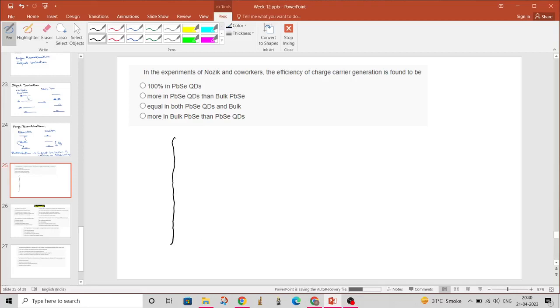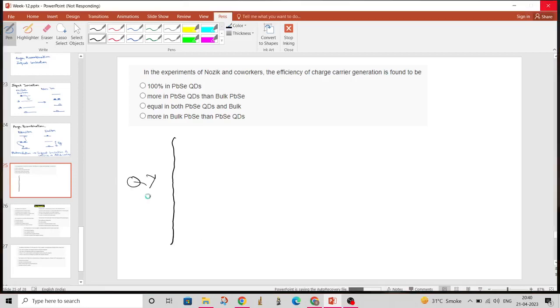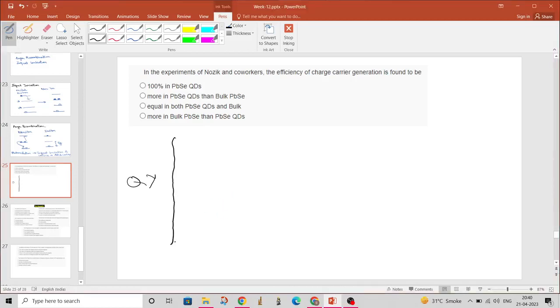So the graph between quantum yield versus energy in electron volt.